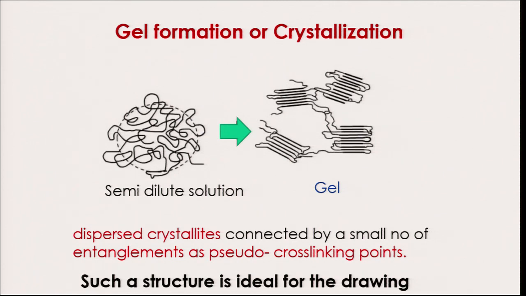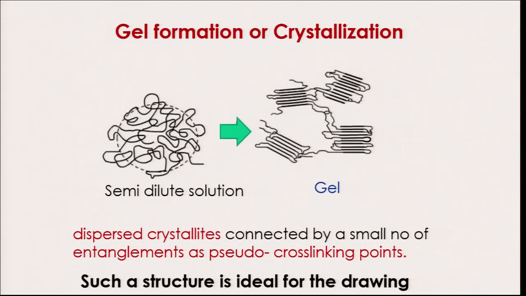So, from the solution, when you spin the as-spun fiber, when the solvent has been removed partially in the gel form, you have crystallites which are connected by entanglements. Please note, the entanglements are not like melt spinning. There are only 1 or 2 entanglements. It is just to connect them.